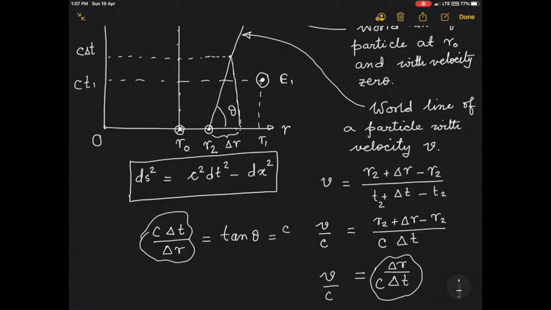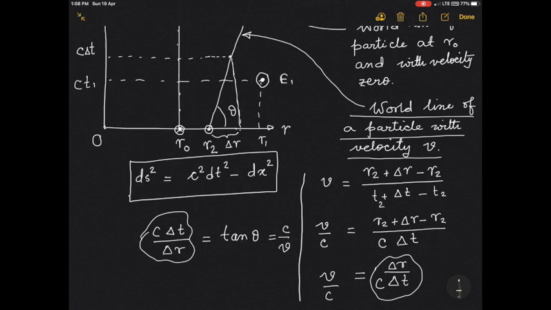So tan theta is nothing but c by v. So I realize that this angle for the world line of a particle moving with a velocity v is always c by v, or the tangent of the angle is given by c by v. Okay.